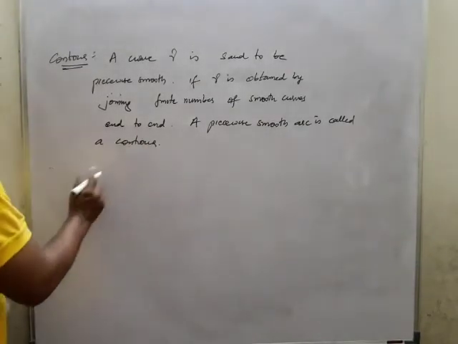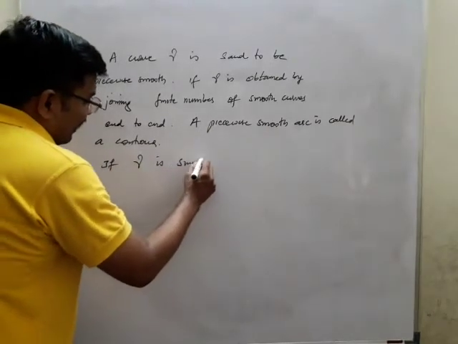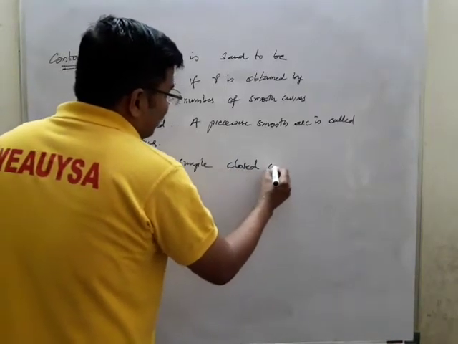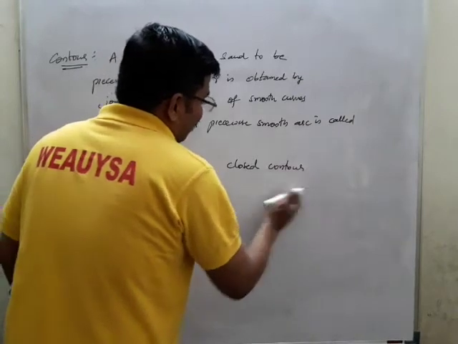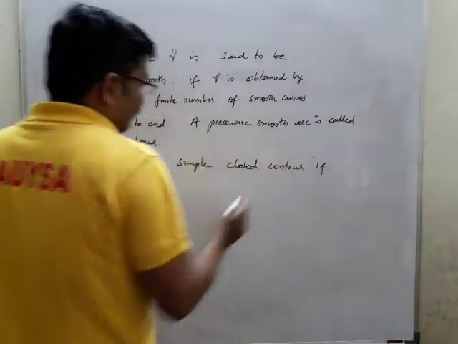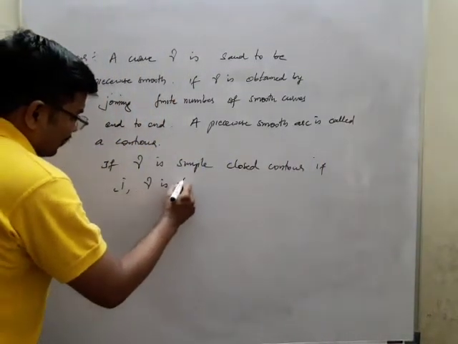Now, if gamma is simple, we want to say that gamma is a simple closed contour. Let us see when gamma is said to be a simple closed contour. The first condition: gamma should be closed.